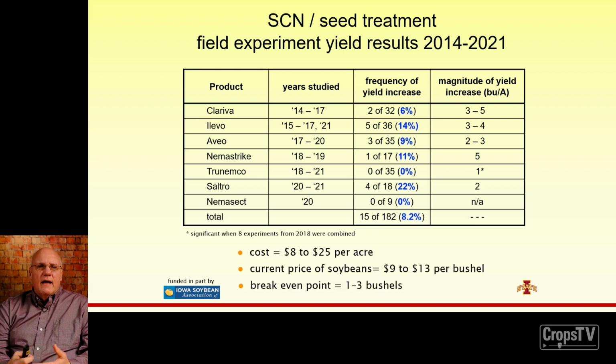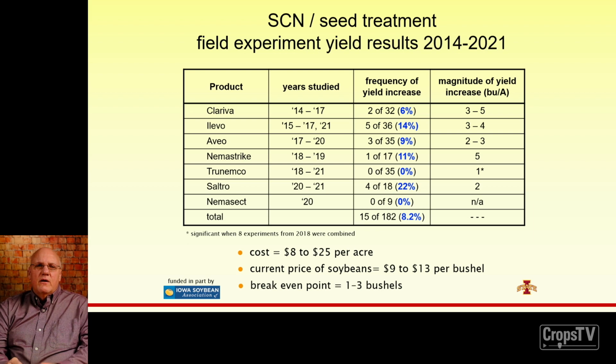Now, if you pencil out the cost of the seed treatment and then the current price of soybeans, and since these experiments were conducted over a wide range of years, that we see a wide range of the price of soybeans, the break-even point is usually, again, depending on the price of soybeans at the time, between 1 and 3 bushels per acre.